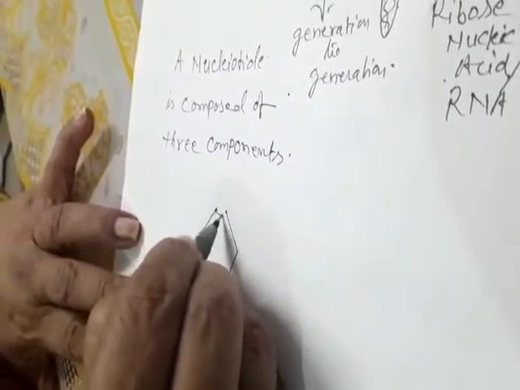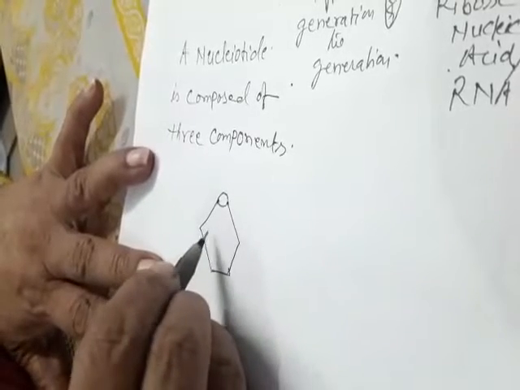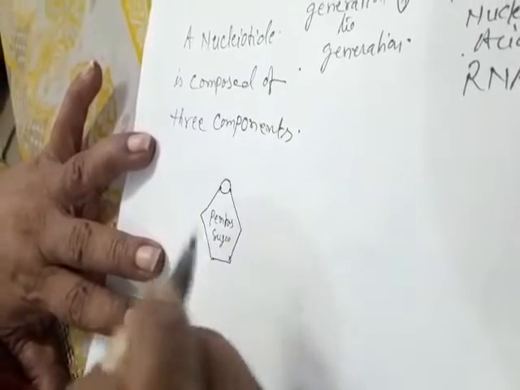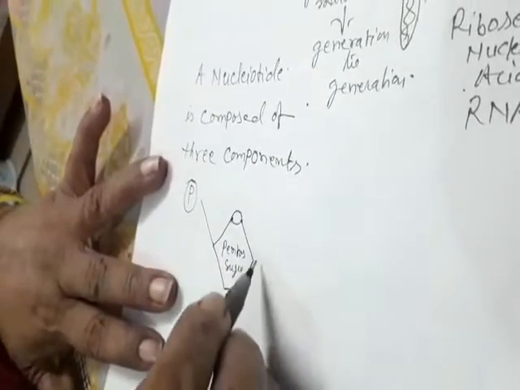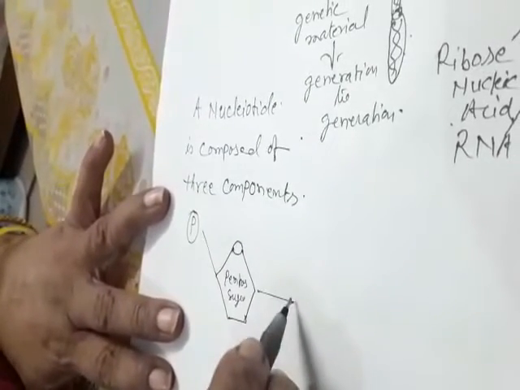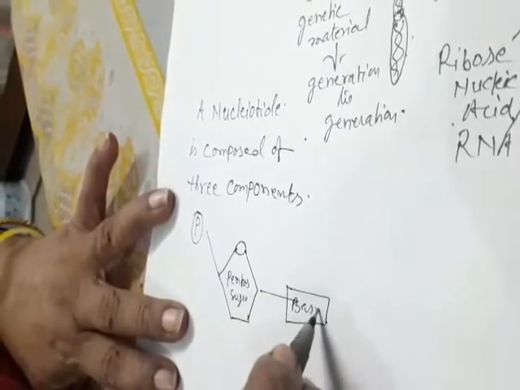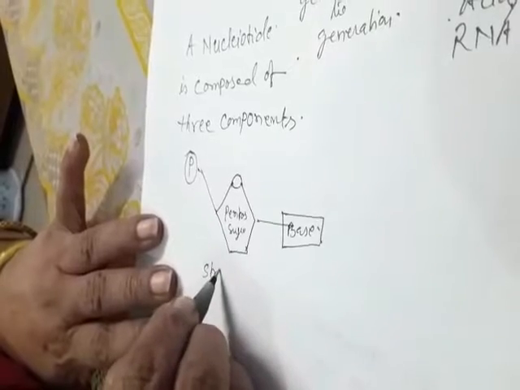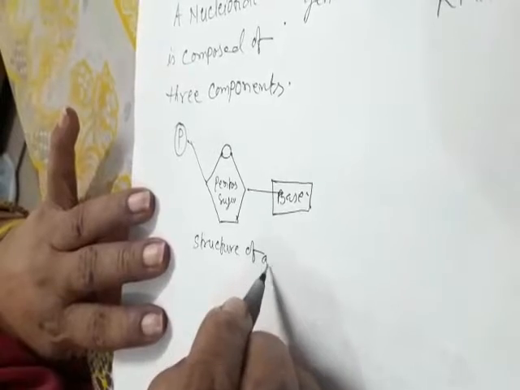In the center is the pentose sugar, then the phosphate group, and here is the base. This is the structure of a nucleotide.